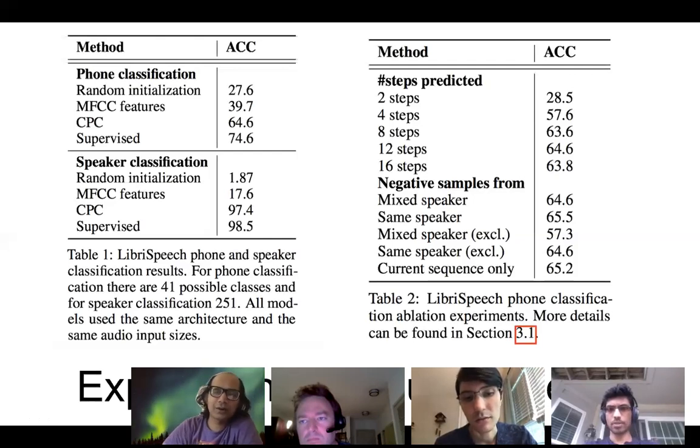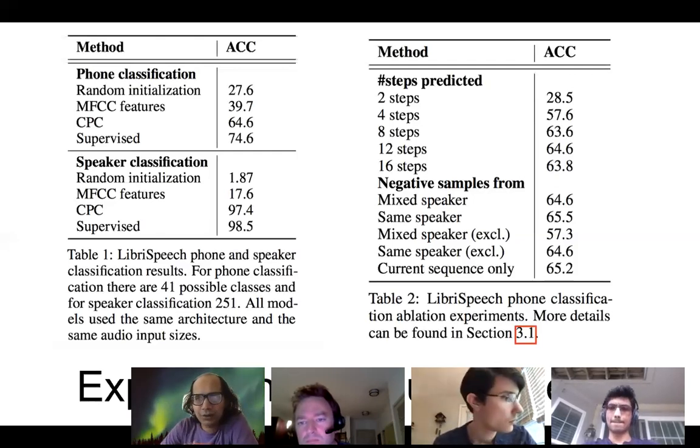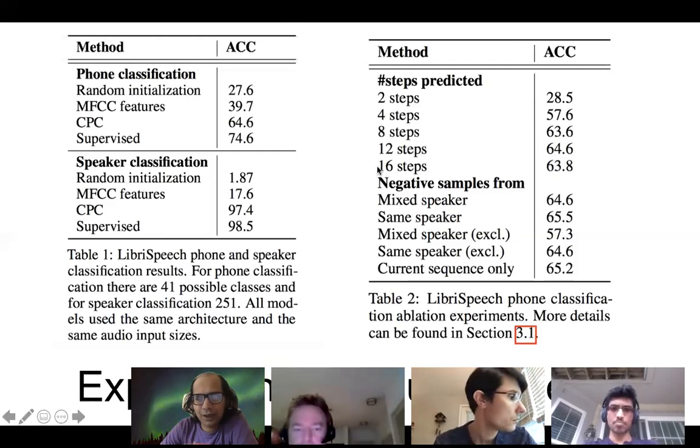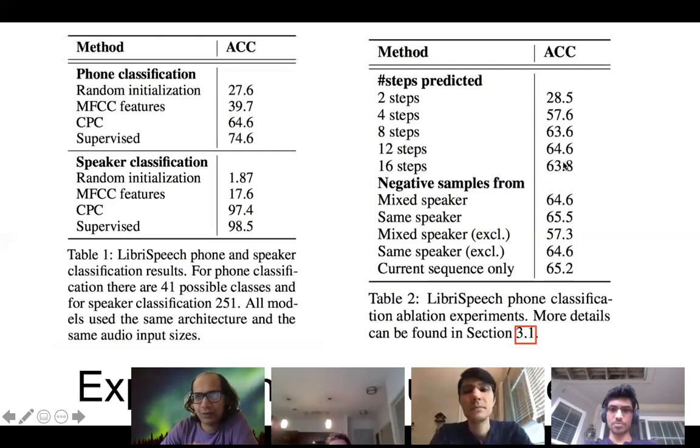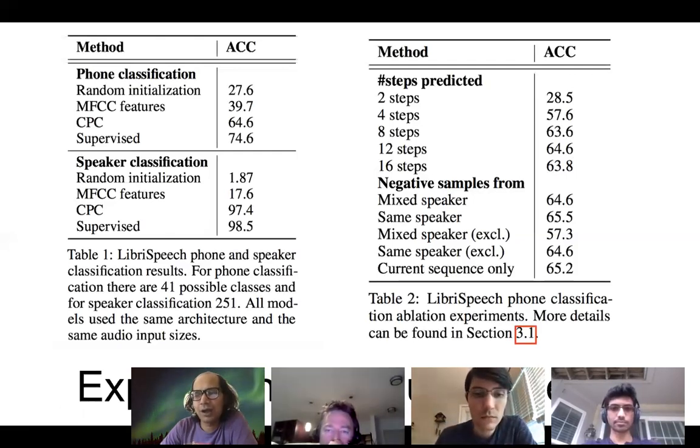Of course, this is specific to the data set here, which is LibriSpeech. And also we can note here that during pre-training, if they predicted 16 steps ahead, then the accuracy for downstream again starts to drop. That means the pre-training problem should not be so hard and it should not be so easy. It is domain specific, right? Yep.